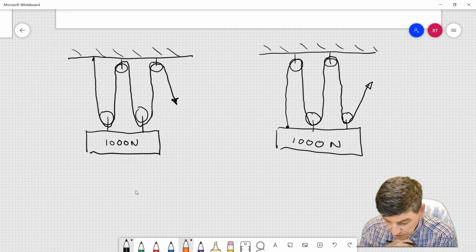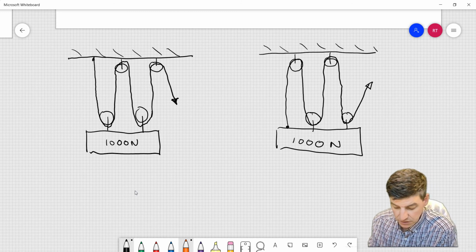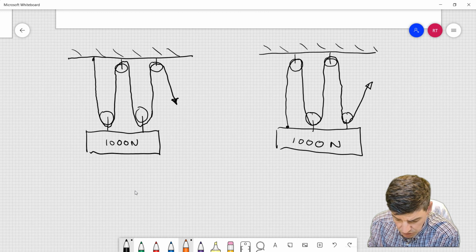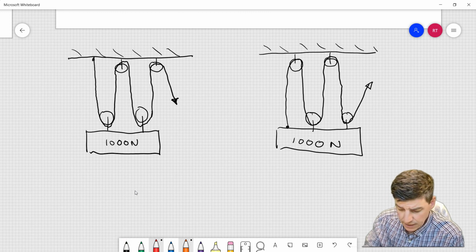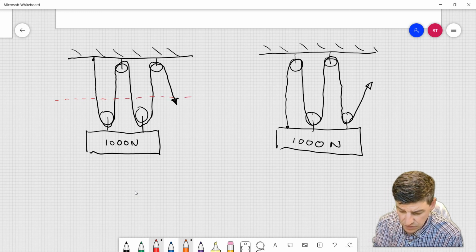Let's see if we can figure out how to analyze these and understand how we could figure out a VR for each of those systems. Okay, so here's the approach I'm going to take. I'm going to essentially cut through both of these systems.